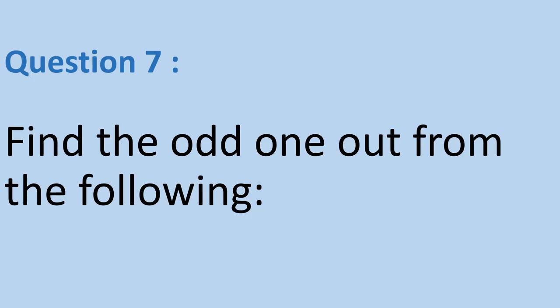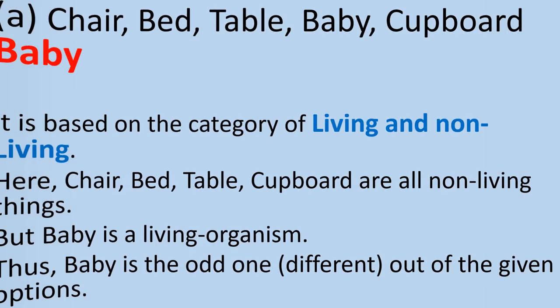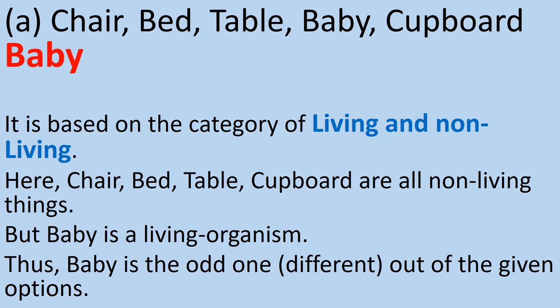Question number 7. Find the odd one out from the following. A. Chair, bed, table, baby, cupboard. Yes, the right answer is baby. Why so?